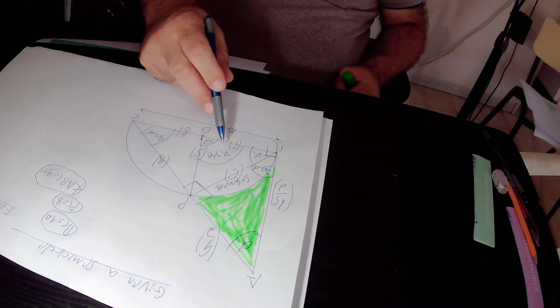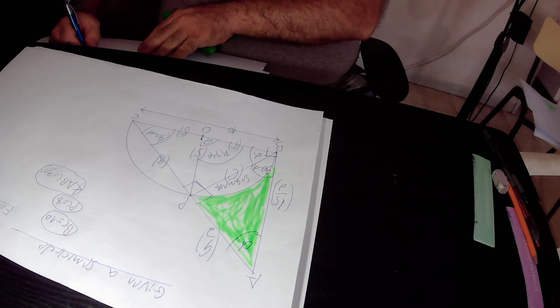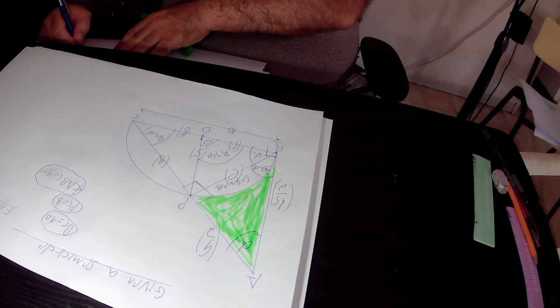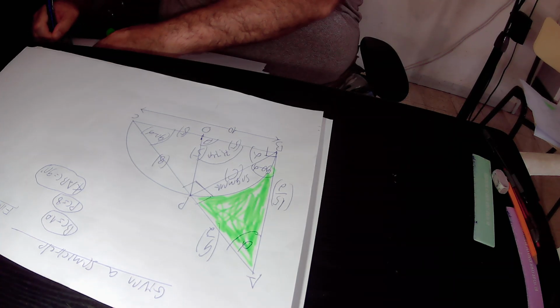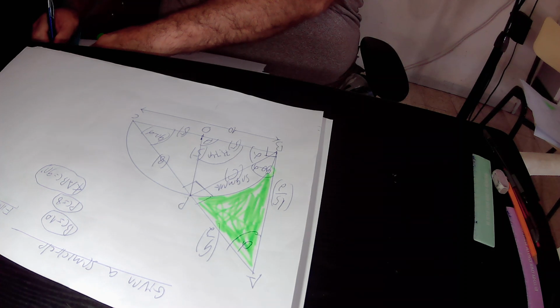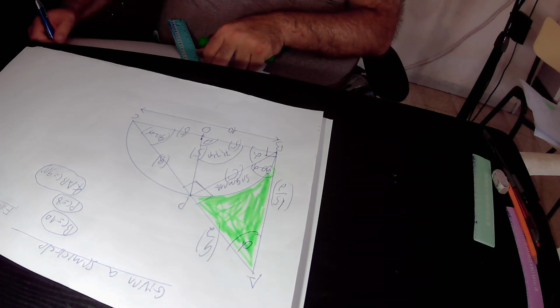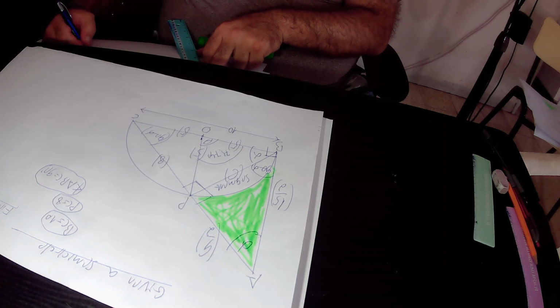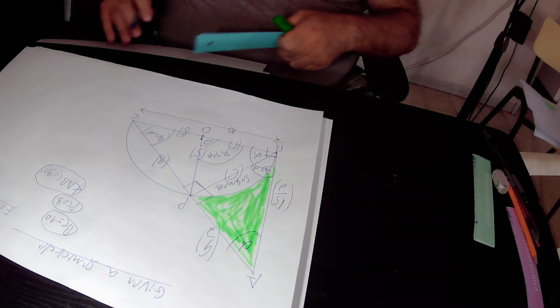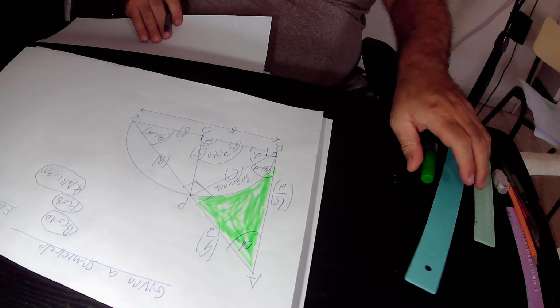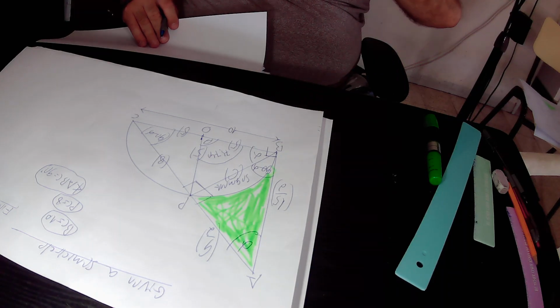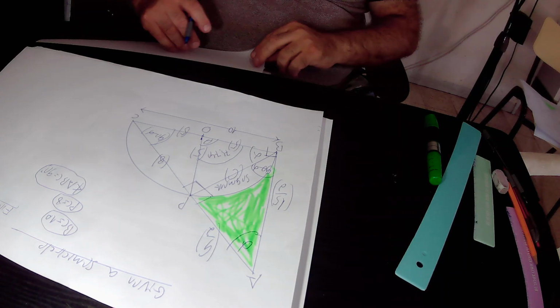Minus the area of triangle BOP. Repeat again, until we find the area of this segment BP.